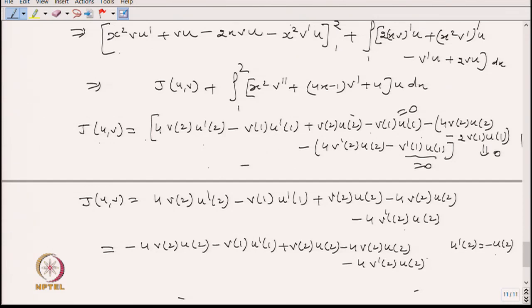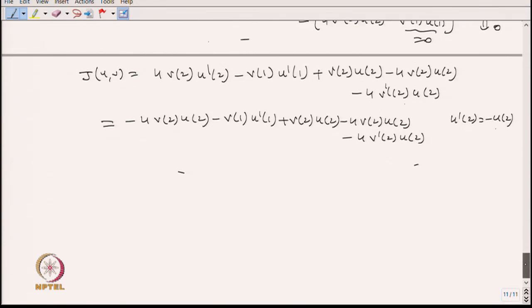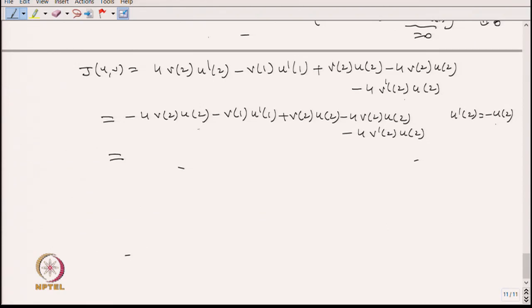So this quantity will remain, and from the v2 u2 terms it will be minus 7 v2 u2, and then minus v1 u dash 1 minus 4 v dash 2 u2.